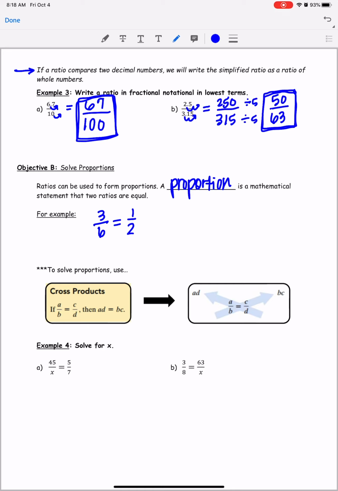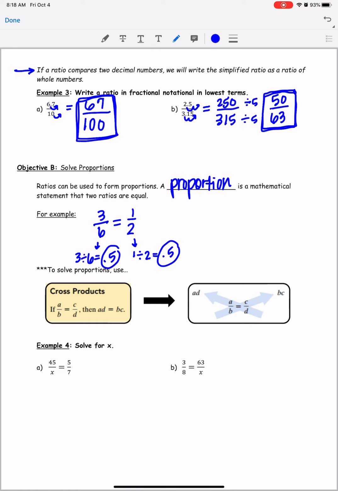If you put 3 divided by 6 in your calculator, you get 0.5. And if you put 1 divided by 2 in your calculator, you also get 0.5. So that's what it means by a proportion as a mathematical statement that 2 ratios are equal. Basically it means we have equivalent fractions.